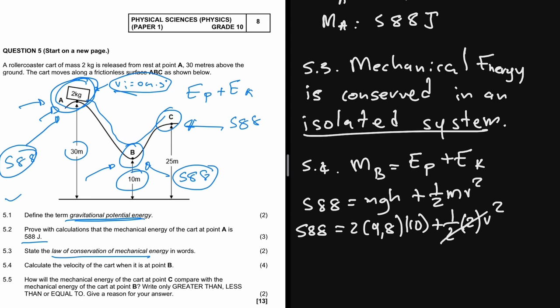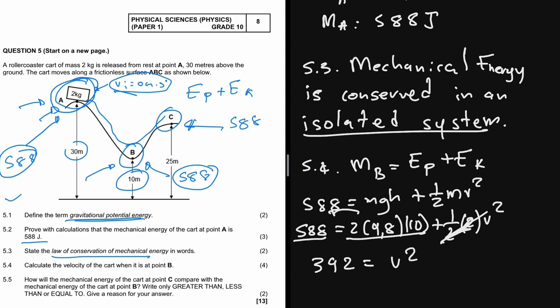Now I'm going to say 588 on my calculator minus this whole thing, because when you transpose it, it's going to be negative. So on my calculator, I'll say 588 minus 2 into 9.8 multiplied by 10. The answer that I get is 392, which equals v squared, because this is equal to 1.